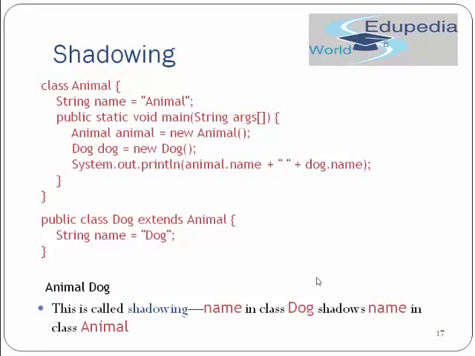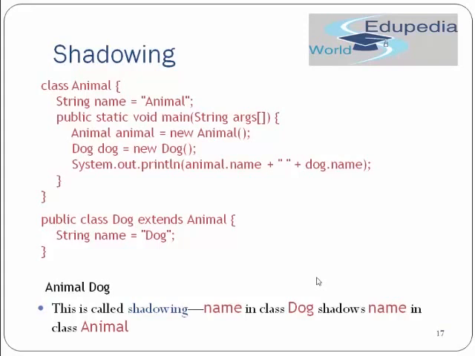Then we are creating an object of the Dog class with a reference of Dog itself. Dog class extends Animal, and there is a string name. So there are data members in both the classes with the same name. In the Dog class, the string name is dog, and in the Animal class, the string name is animal.